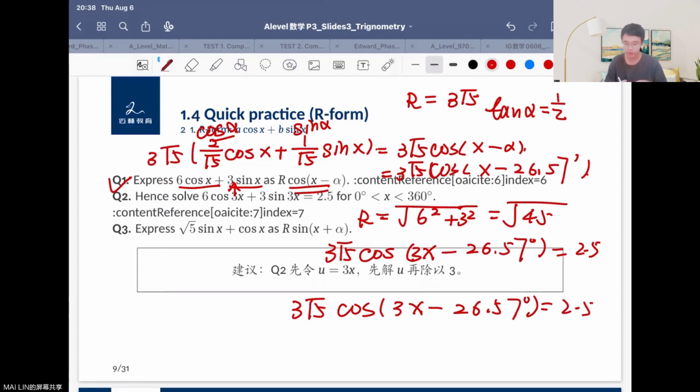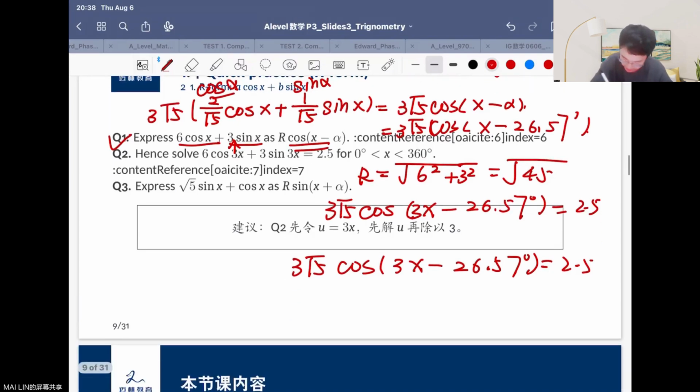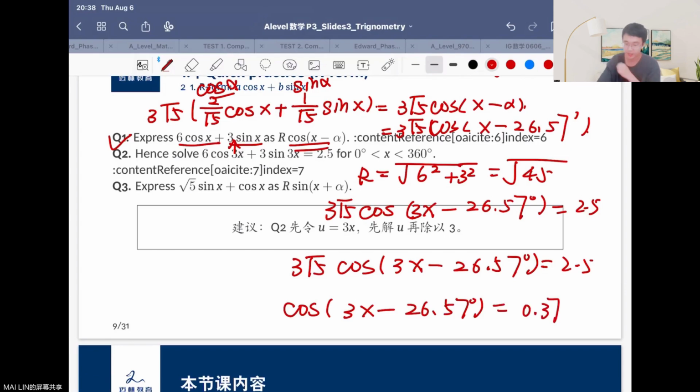Then you can use 2.5 divided by 3 times square root 5, and you can calculate the final answer as 0.37. So we can set cosine 3x minus 26.57 degrees equals 0.37.